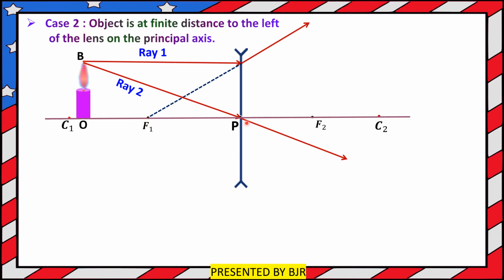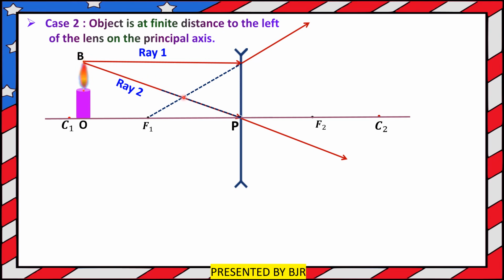Let us extend the second refracted ray backwards. See here, I am extending. Okay, so these two refracted rays, their extensions are crossing one another here. So this point is the image of point B. So the image of point B is here.